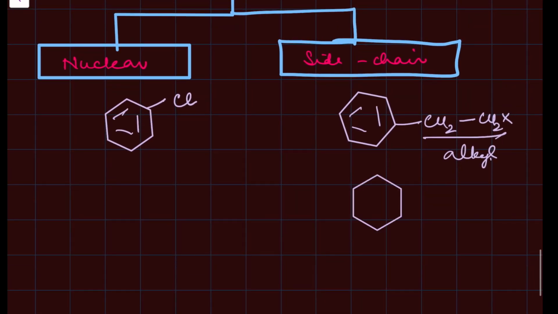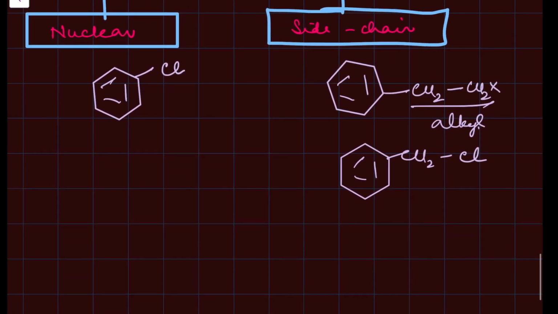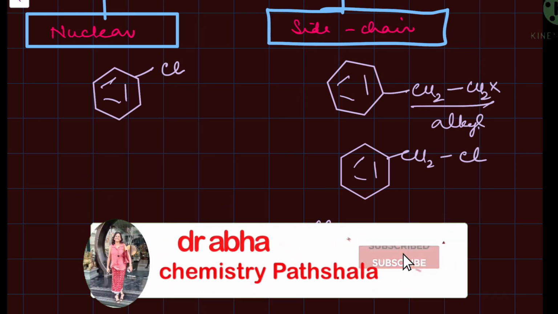So, we have done these categories. We can have a mixed one also of both, something like this, although we won't put it under a category. Usually we call it nuclear.